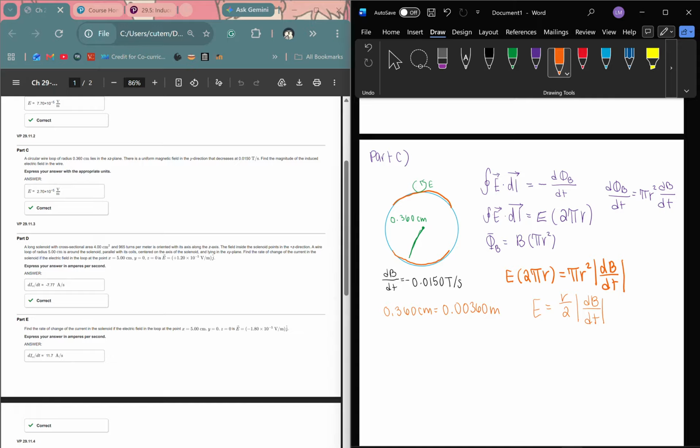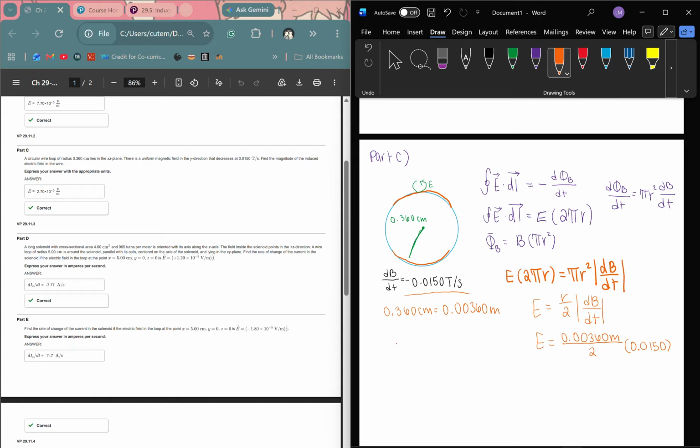Now we substitute the values. E equals 0.00360 meters divided by 2, times dB over dt, which, as we know, is decreasing by 150. Let me put everything in the calculator. 0.00360 divided by 2, and I got 2.7 e negative 5.